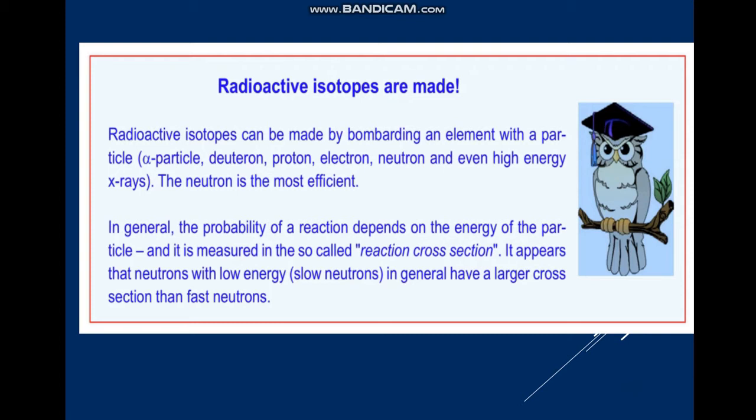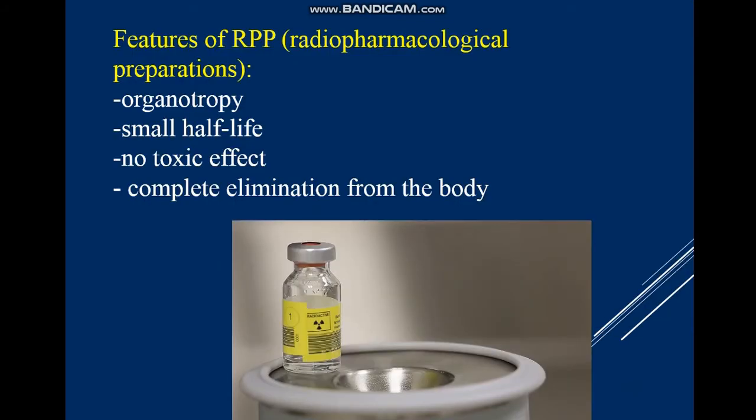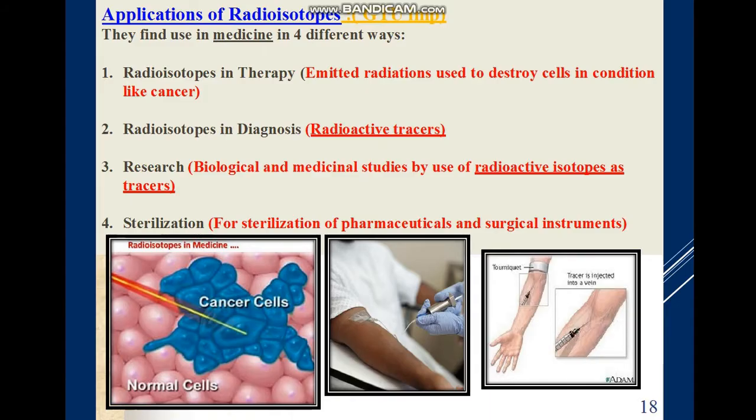It appears that neutrons with low energy in general have a larger cross-section than fast neutrons. Main features of radiopharmacological preparations are organotropism, short half-life, non-toxic effect, and complete elimination from the body.